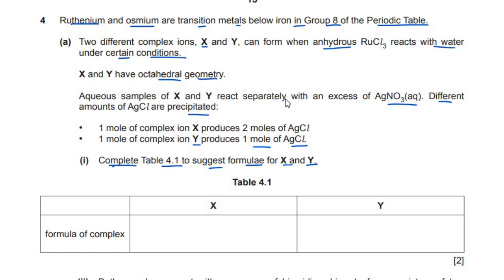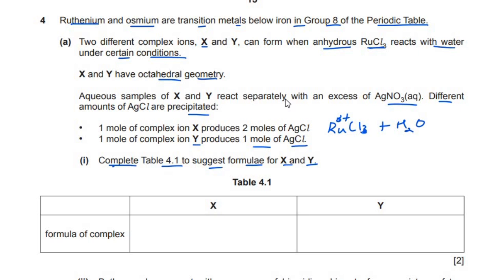Now understand that X and Y are formed from RuCl3, ruthenium chloride, which reacts with water. RuCl3 shows that the ruthenium has 3+ charge, and if it reacts with water it forms an octahedral complex. So if it is an octahedral complex, it has to have 6 ligands.